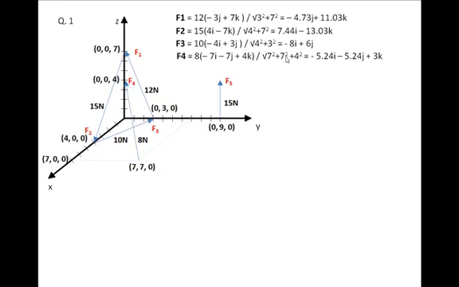We have done exactly the same manner. And then we have F5, which, after all, has magnitude 15 and direction, we don't have to do anything else. It is straight away directed in the z-axis, so the k direction. So we just say 15 into the unit vector along the z-axis, that is k. So we have managed to express all these forces as vectors.